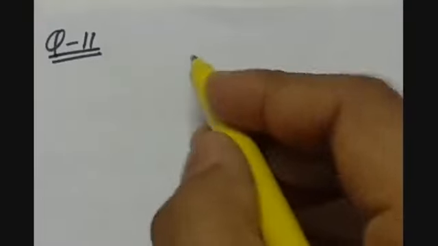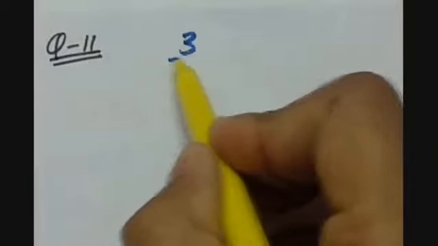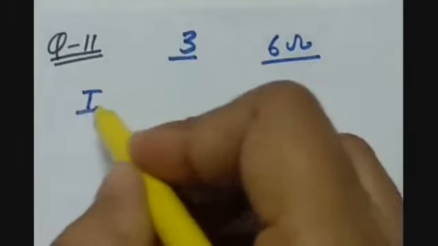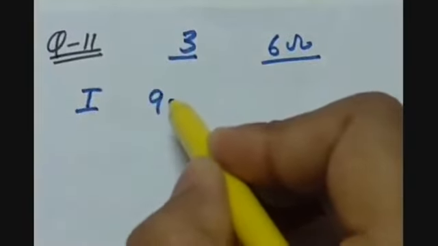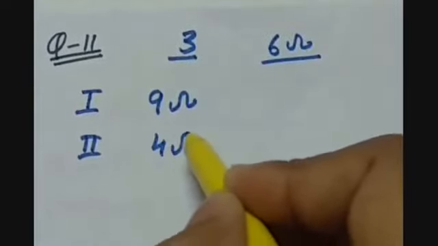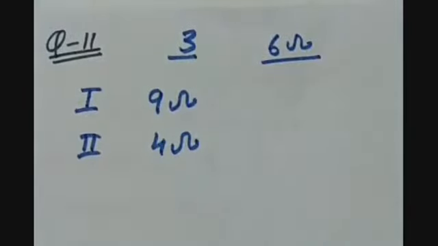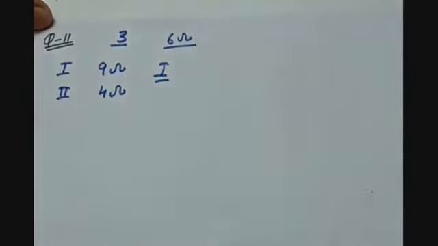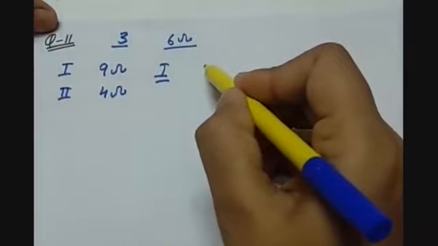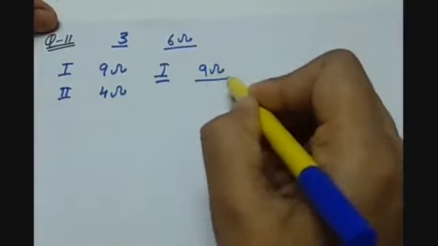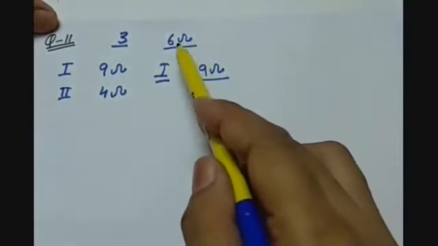So here we have been given 3 resistors, each having resistance 6 ohm, and we have to get one combination of equivalent resistance as 9 ohm, second combination as equivalent resistance of 4 ohm. So let us begin with the first case first. So we have to get an equivalent resistance of 9 ohm. And we have 3 resistors.